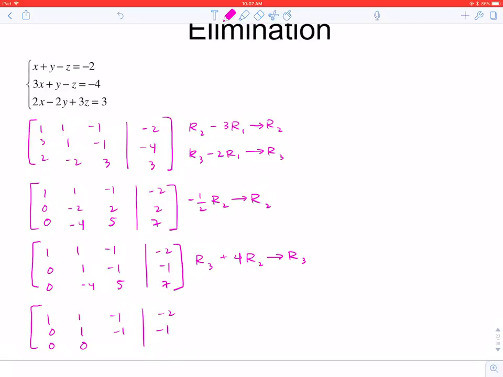This will become 0. 5 plus 4 times negative 1 will get 1. Oh, that's nice. And then 7 plus 4 times negative 1 will be 3. Okay, so at this point, we're actually in row echelon form. But we want to go further to reduced row echelon form.